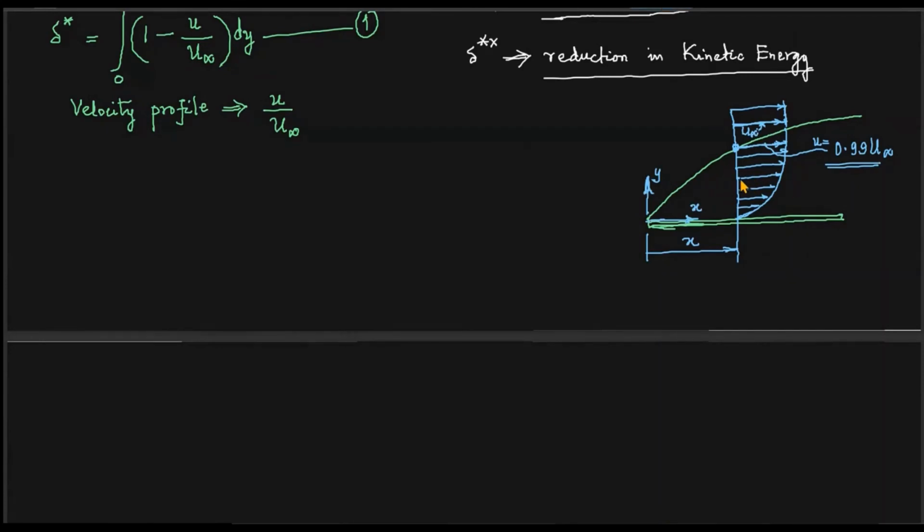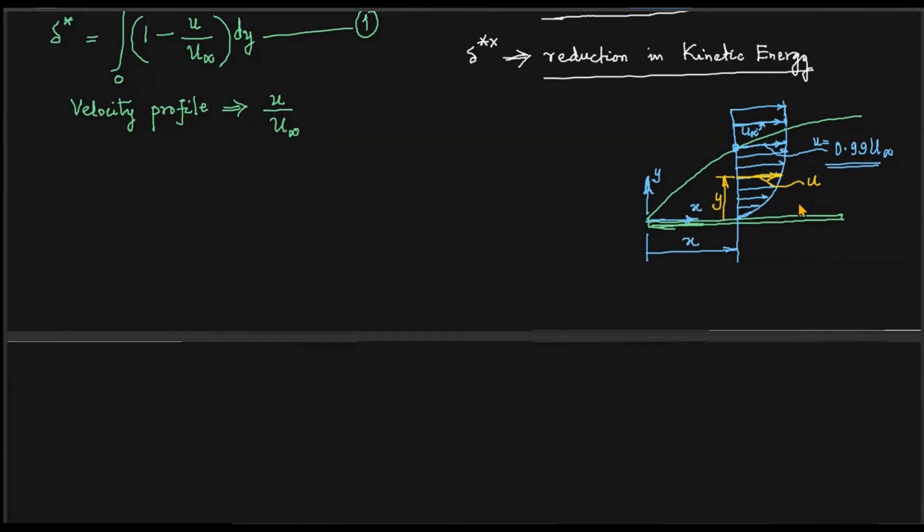Somewhere here, I am representing a general case by u, the velocity at a general distance, because it varies all the way normal to the solid boundary up to the boundary layer edge. This is y.